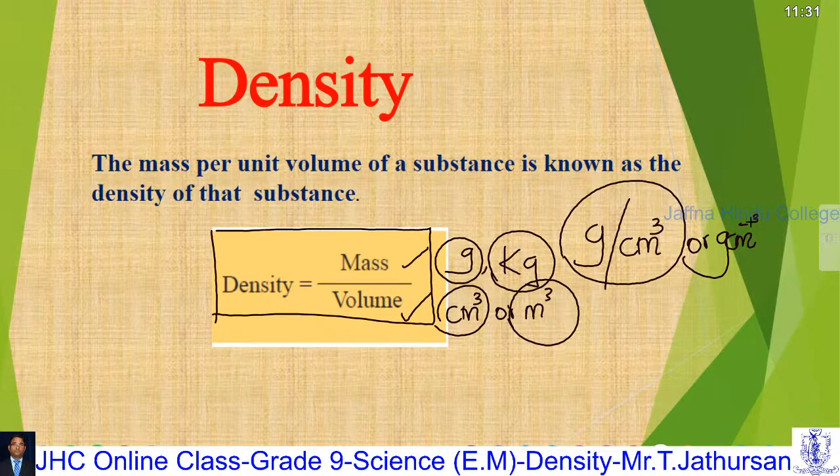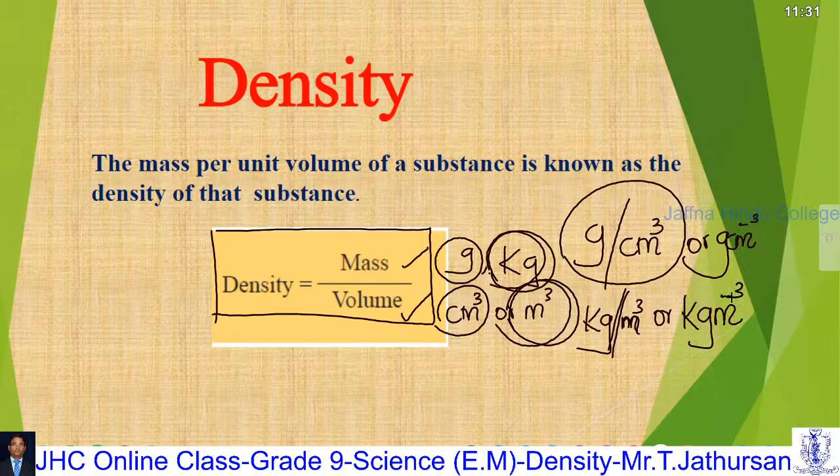Next, what is the unit of mass? Kilogram. What is the unit of volume? Meter cube. So, kilogram per meter cube or kilogram meter minus 3. What is the SI unit of density?